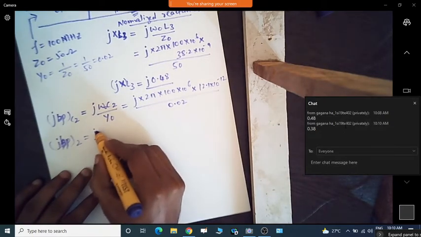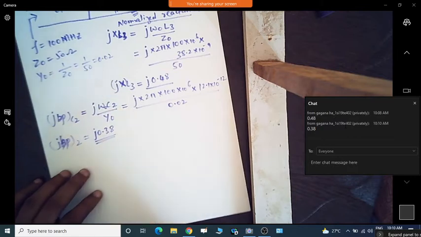Okay, 0.38. So j 0.38 is the susceptance offered by the capacitor.